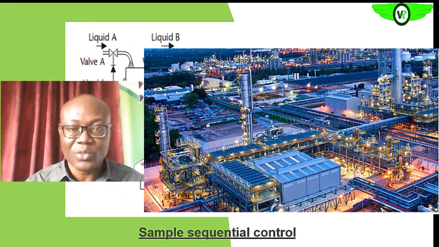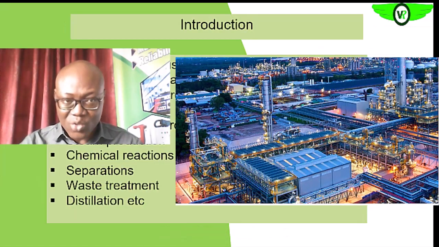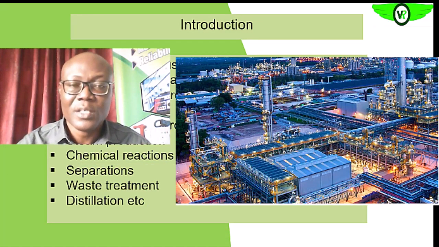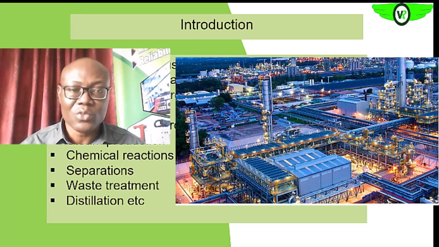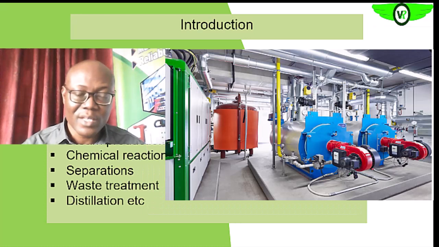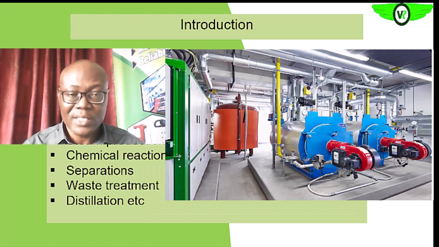continuous process control. We want to look at some typical continuous process control. A typical continuous process control is that of the production of steam, where the water is fed continuously into the boiler, then steam is generated continuously from the boiler, and that steam is sent into the process.